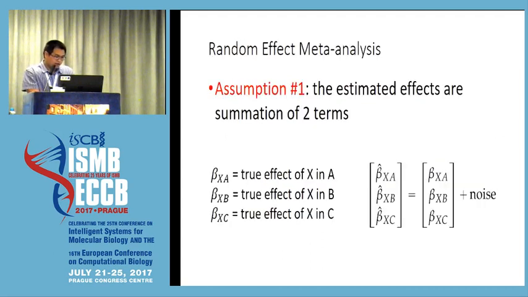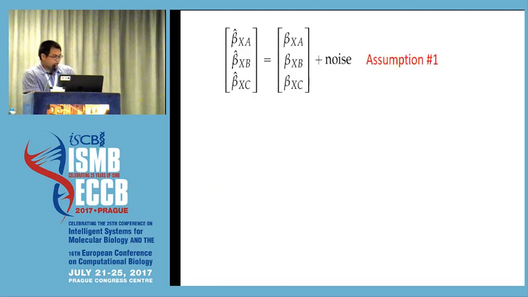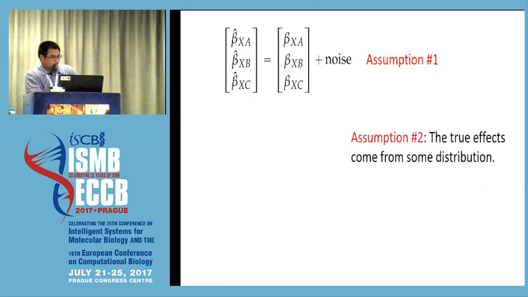To apply random effects meta-analysis, you would need two assumptions. The first assumption is that the estimated effects are the summation of two terms, the true effects and the noise. For the second assumption, you have to assume that the true effects come from some distribution.